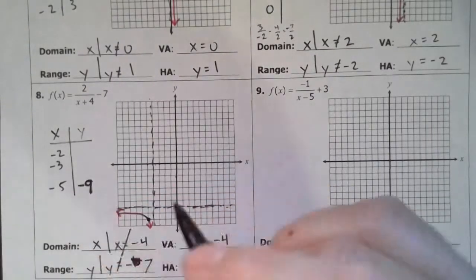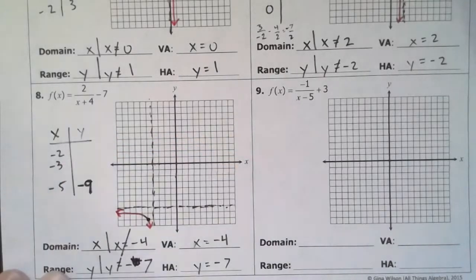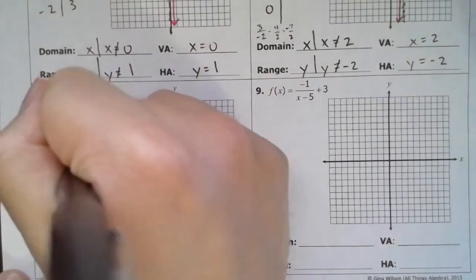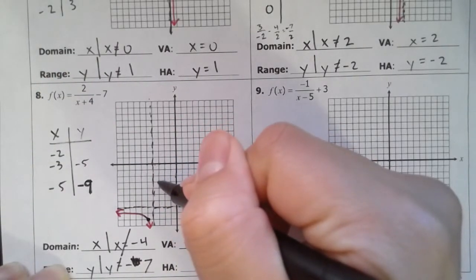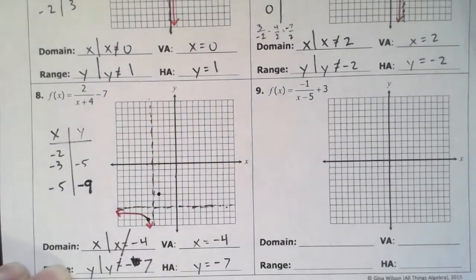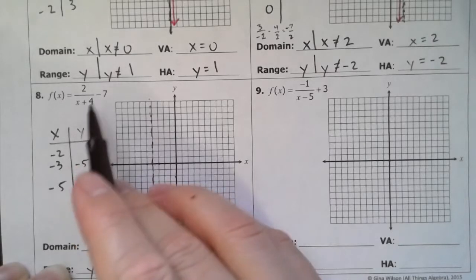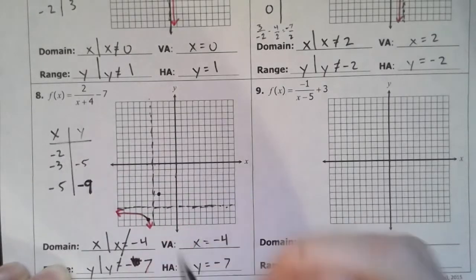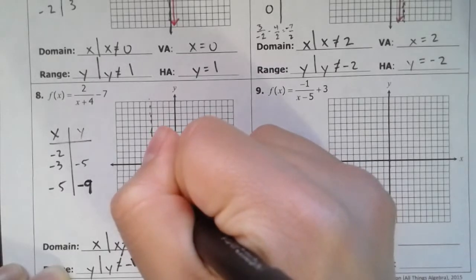For the other two, when I plug in negative 3 here, I get positive 1. 2 over positive 1 minus 7, I get negative 5. So when x is negative 3, I have negative 5 there. Okay, and then when x is negative 2, I get 2 over 2, which is just 1. 1 minus 7 is negative 6, which is there.